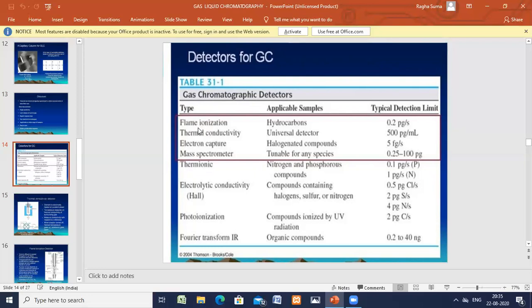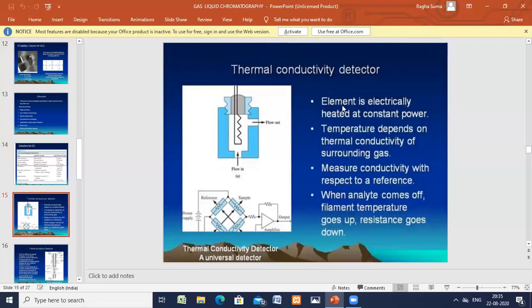The compounds which cannot be detected by the ionization detector are hydrogen, oxygen, nitrogen, water, sulfur dioxide, CO, CS2, NH3, NO, and water, etc. Now, how the thermal conductivity detector works. The element is heated at constant temperature, constant power.